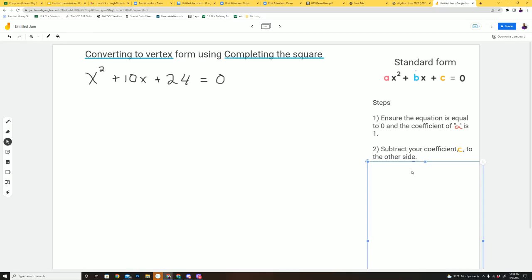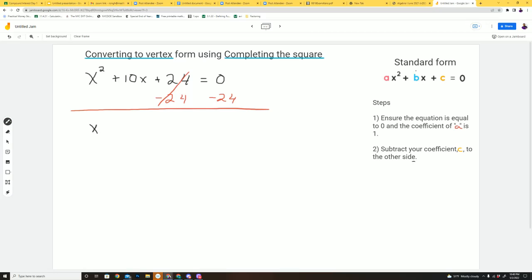Subtract your coefficient c to the other side. So our c value is right here, and we're going to take that to the other side. So subtract 24, and what you do to one side, you do to the other. Now you're left here with x squared plus 10x.